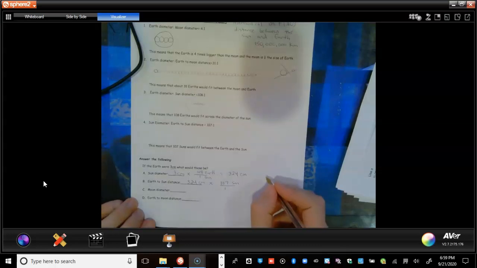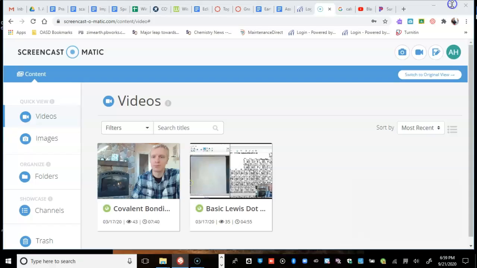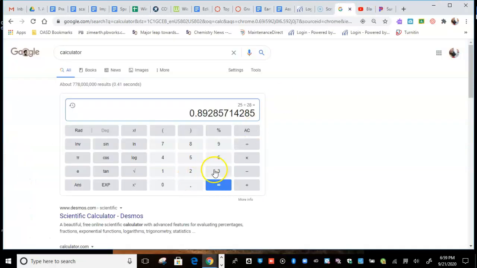So when I do that, I could punch up my calculator, 324 times 107. It's a big number, 34,668 centimeters.